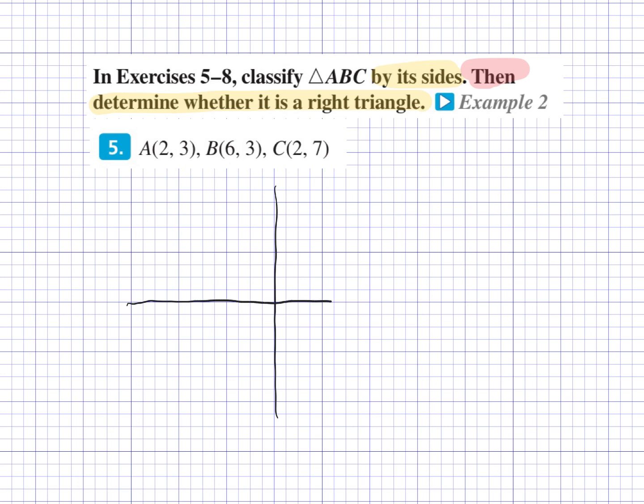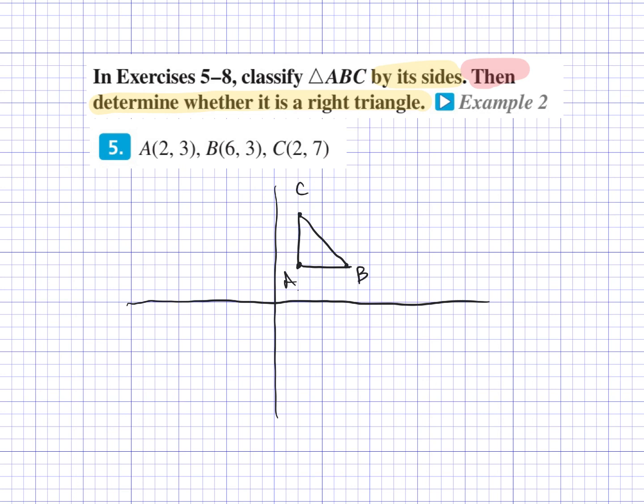So A is at 2, 3. B is at 6, 3. And C is at 2, 7. Okay, so what do the instructions say? Classify it by its sides and then determine whether it's a right triangle.